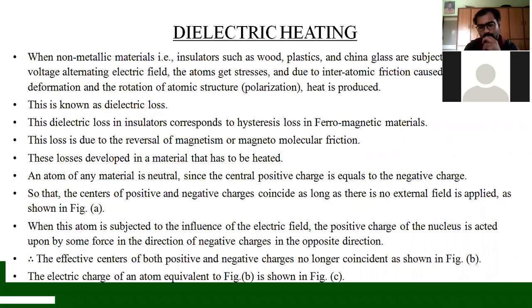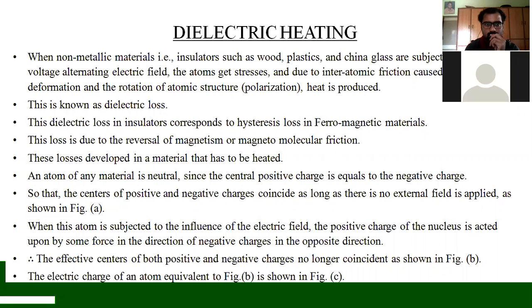Before dielectric heating, the materials we used for heating were ferromagnetic and non-ferromagnetic materials, some metals, and some alloys. All of those were used for the different heating methods under power frequency and high frequency. Dielectric heating is completely different from the other types of heating, because here you are going to heat up non-metallic materials.